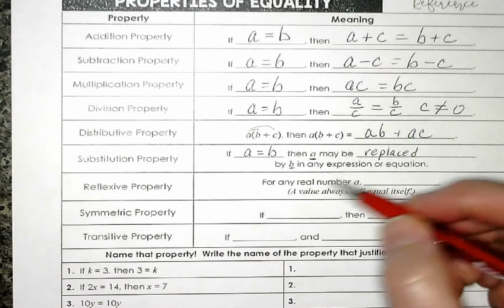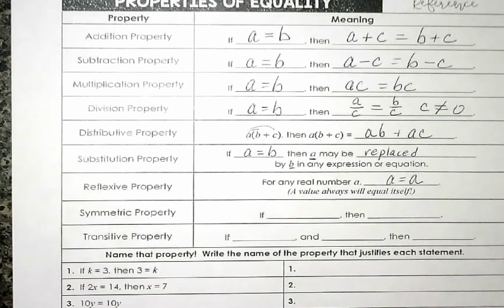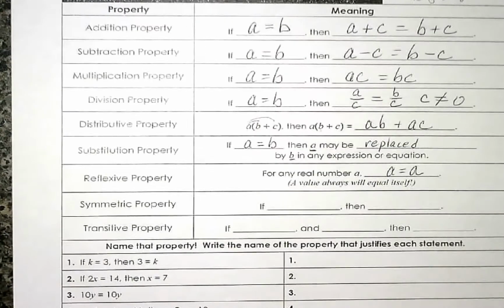So if I have any real number A, then A is going to equal A. Now that A could be a number, like 10 equals 10. It could be a variable, M equals M. But it could also be like angle 3 equals angle 3. Okay, just whatever value we have, it's always going to be equal to itself.